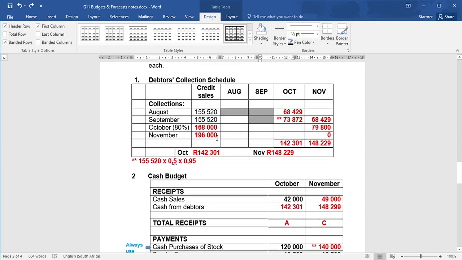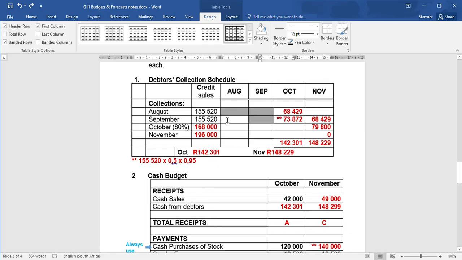So if we start here with September, 50% are going to pay you in the month following. To get this amount, you take your September sales and multiply it by 50%, and the reason I also multiply by 95% is because I give a 5% discount, so you're not going to receive as much.